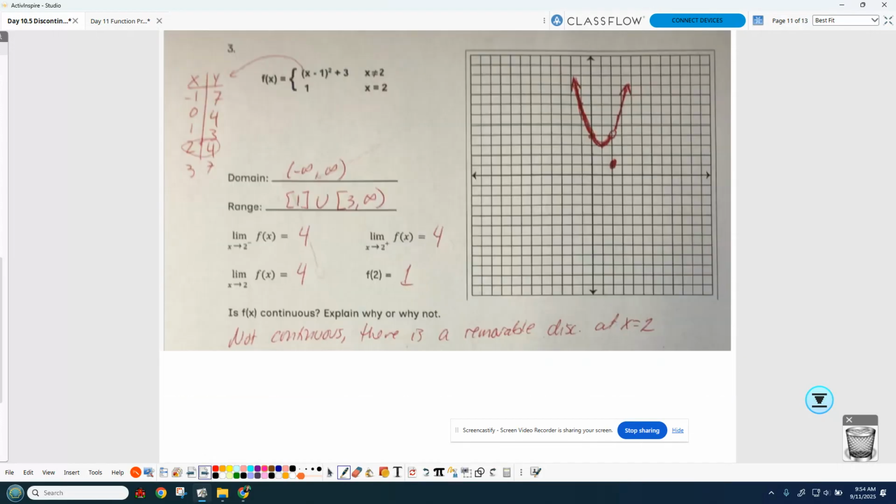Number 3. Some of you graphed 2 things. You graphed a line of y equals 1. I didn't want the line. I want only this coordinate. When x is 2, it's that 1 dot.